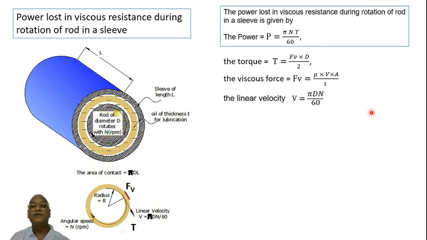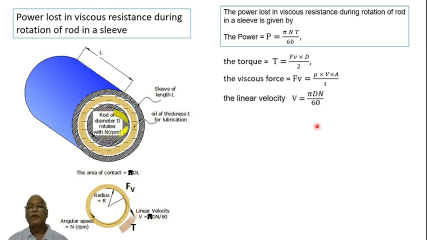Now the linear velocity v at this particular point, when the rod is rotating, is given by v equal to pi d n by 60. You know that v is equal to r omega, R is the radius, omega is the angular speed, so v is pi n d by 60.